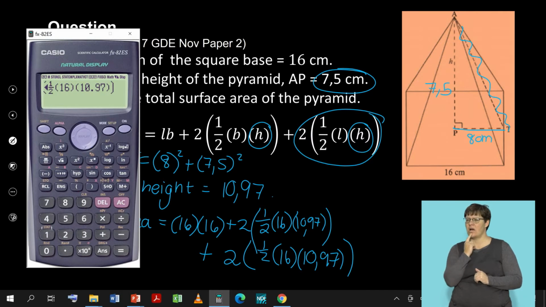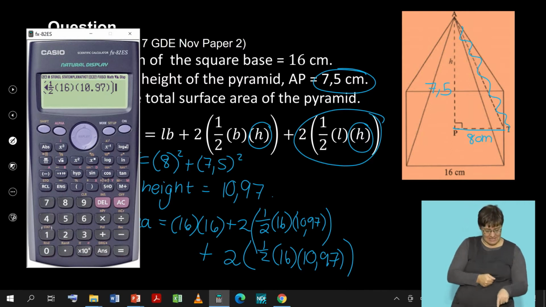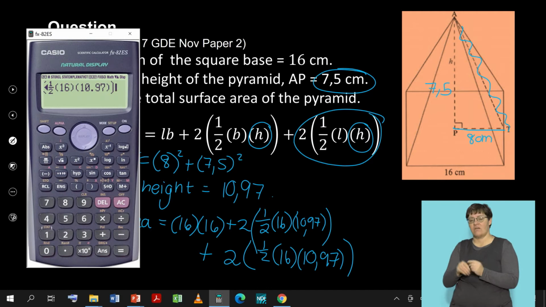And guys, if you're wondering what these plus 2 half times 16 times 10,97 are, all that I'm doing is adding the triangles that make up the exterior of the surface area together. Because for the surface area, I need the area of the base, and then I add that to the area of the 4 triangles that make up the rest of this pyramid.